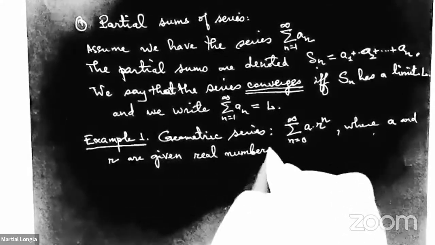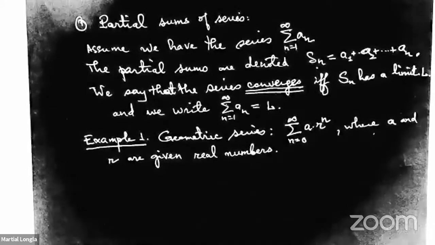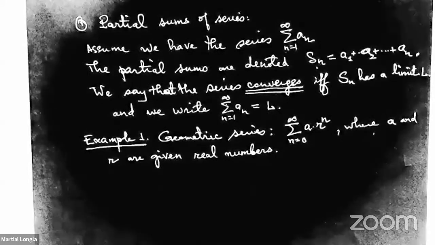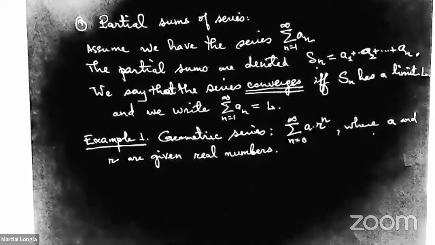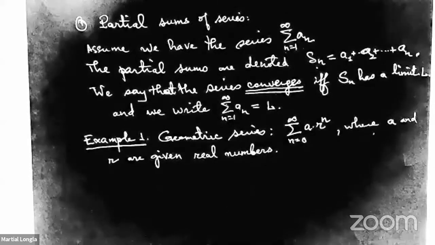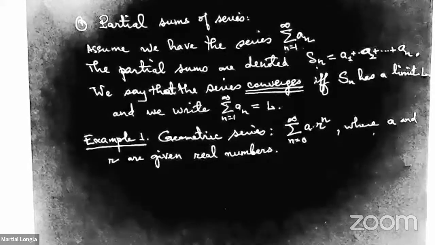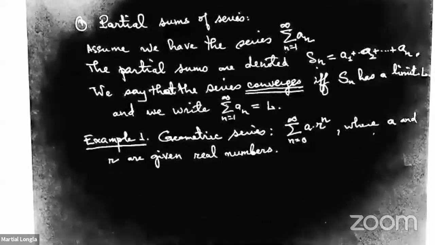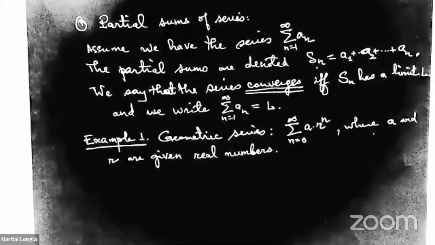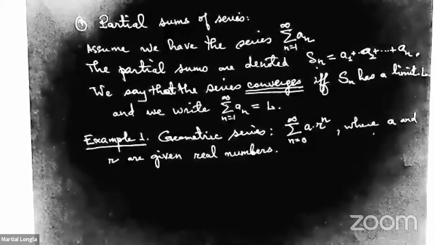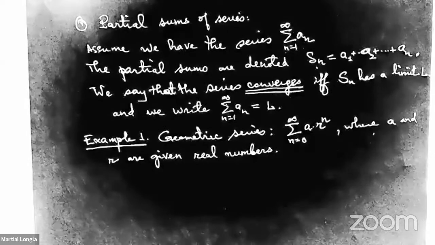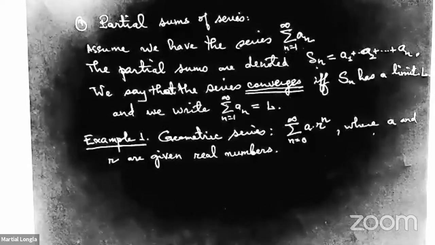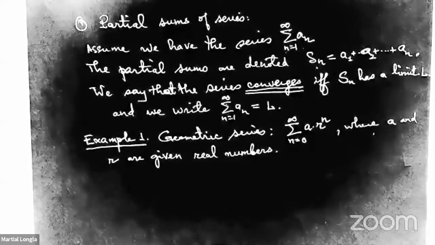So here we are dealing with the sum of a number multiplied by a power of another number. a is a fixed number, r is a fixed number, r is raised to the power n, and make sure you see that here n starts at 0.